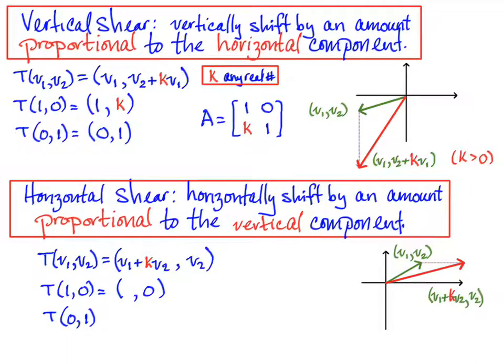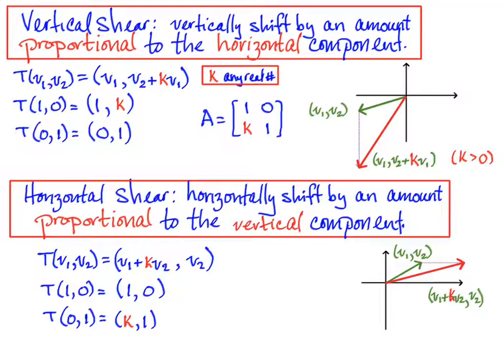Well, that's just V1, so that's 1. To get the image of the second standard basis vector, 0, 1, we leave the second component alone. We're shifting horizontally, so the first component is the only thing that's going to change. So the first component is going to be 0 plus an amount proportional to 1. So it's going to be 0 plus K times 1, or just K.